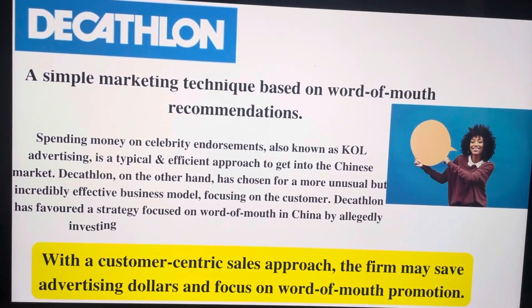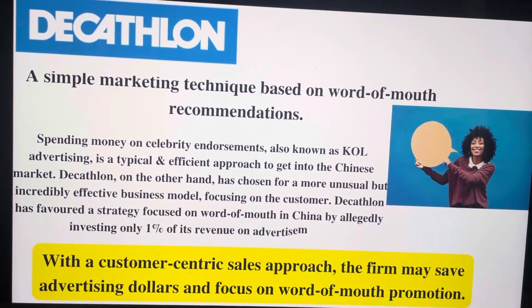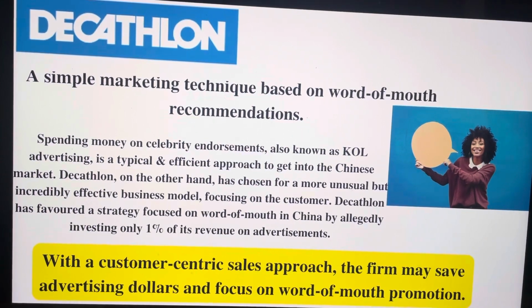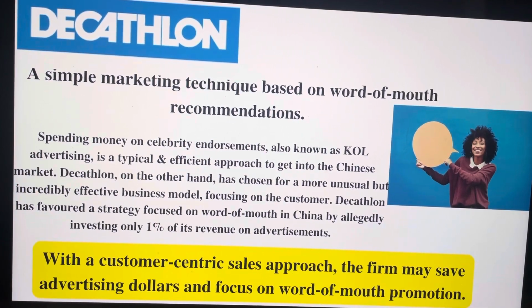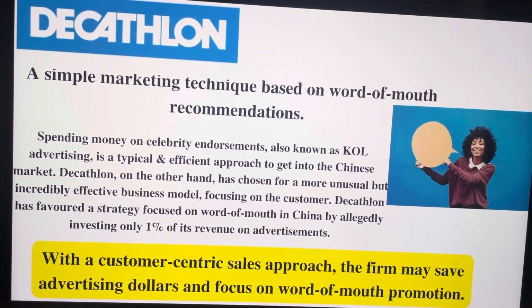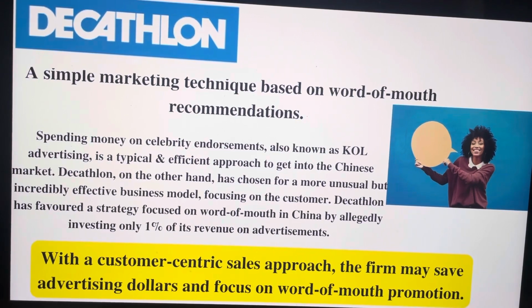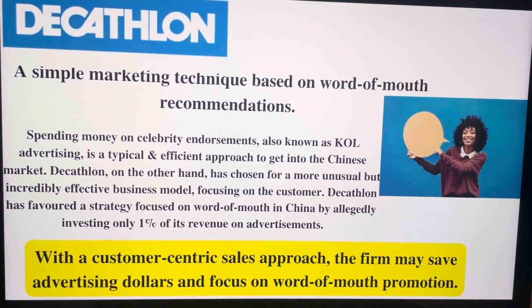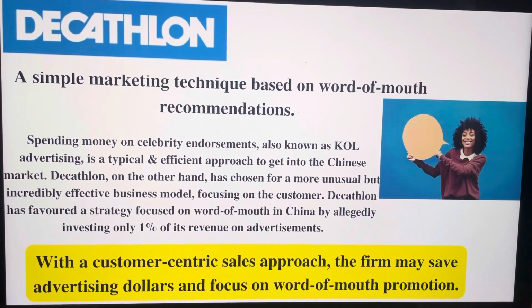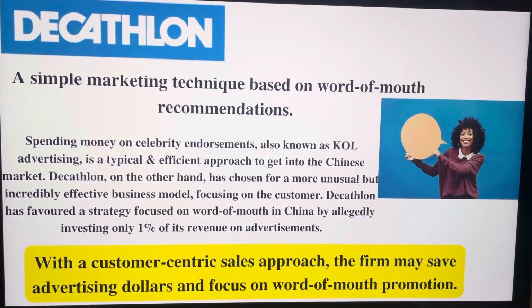Decathlon, on the other hand, has chosen an unusual but indirect, effective business model, focusing on the customer. Decathlon has favored a strategy focused on word of mouth in China by allegedly investing only 1% of its revenue on advertisements. To help with this, the firm has opened a massive number of online and offline retail stores in China with a focus on clients' pleasure.